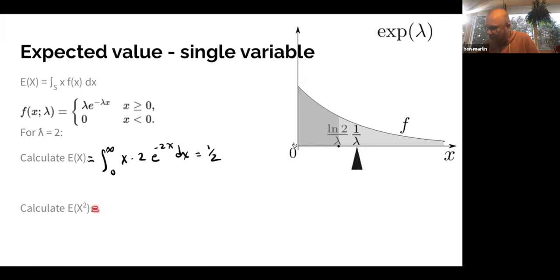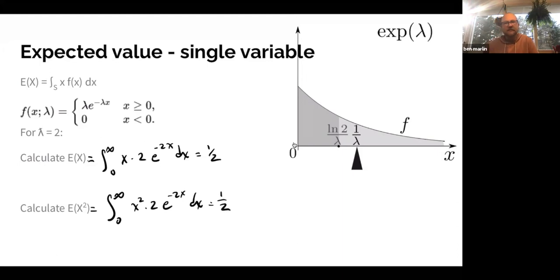It equals the integral from 0 to infinity of x squared times 2 e to the minus 2x dx. The expected value I get for x squared is also 1/2. That's kind of weird. I wonder what happens for x cubed and stuff. I'm going to put the note here, used Symbolab.